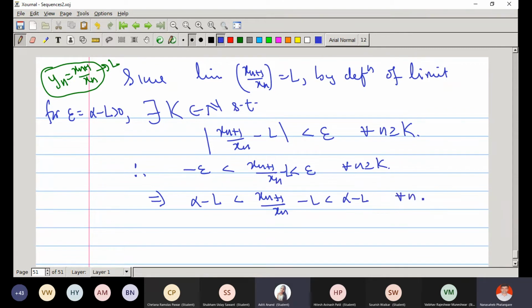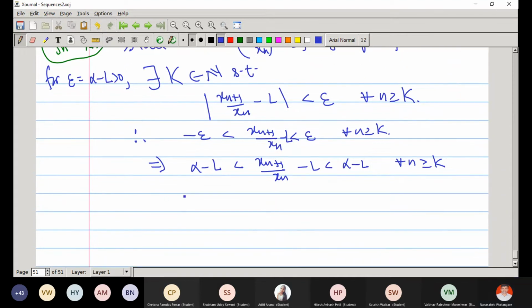Alpha minus L. Right, because we have chosen some epsilon. For every epsilon there is k. In particular for this epsilon also there is k. That should be L minus alpha on the left side, because it's minus epsilon. Is it correct now?